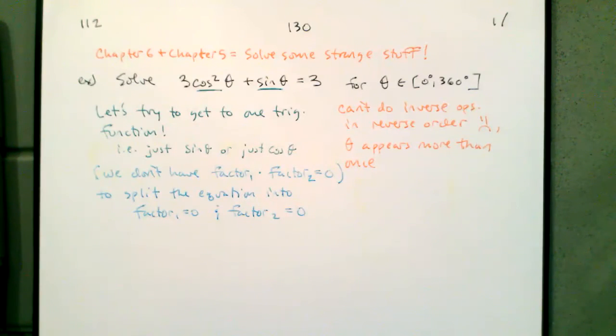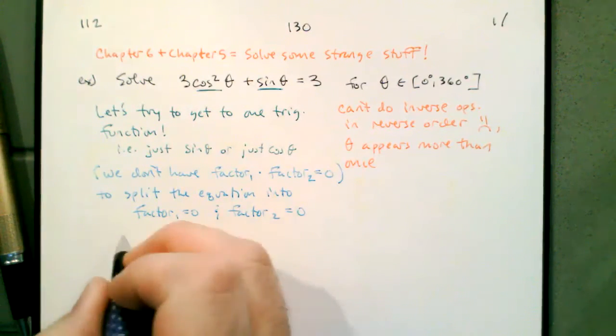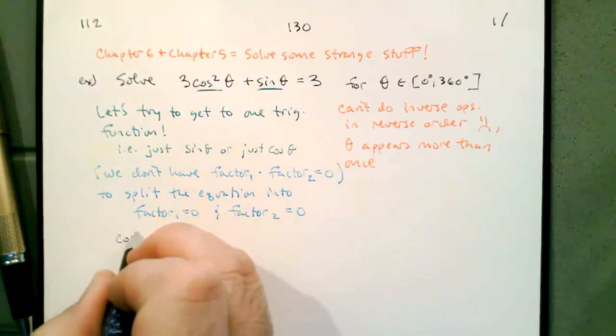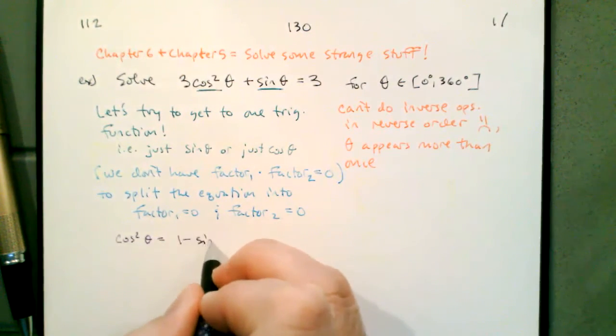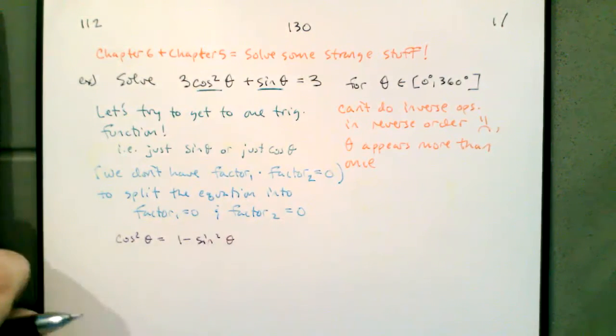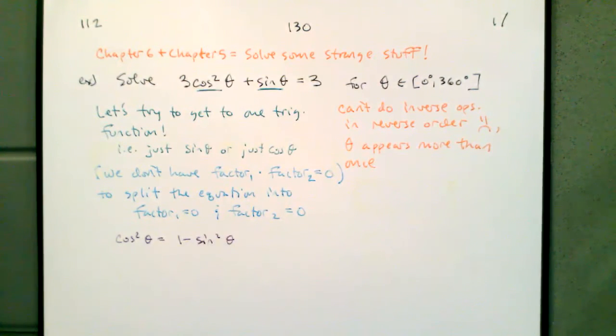Total mess. So what we're going to do is replace the cosine squared with an identity, because I know I can turn a cosine squared into a sine squared. So I'm going to say cosine squared theta is 1 minus sine squared theta. And this will get all my trig functions to be one trig function.